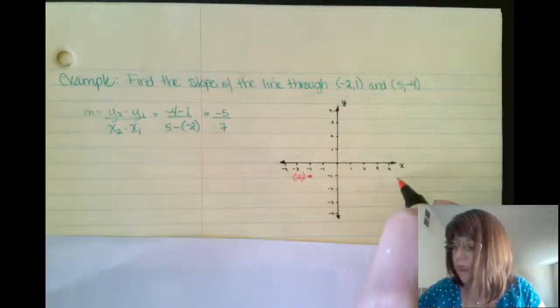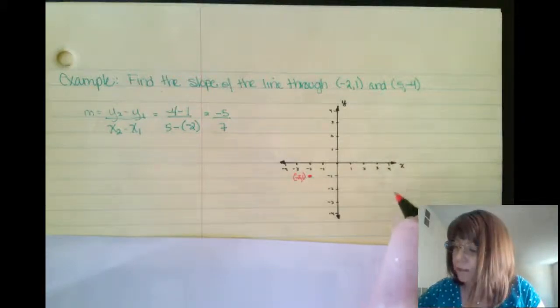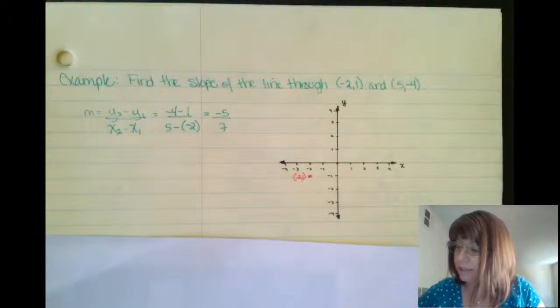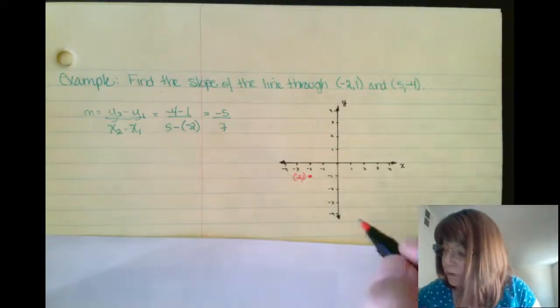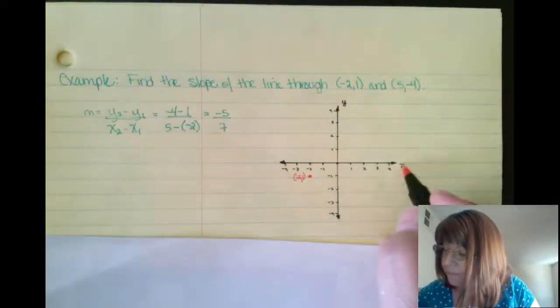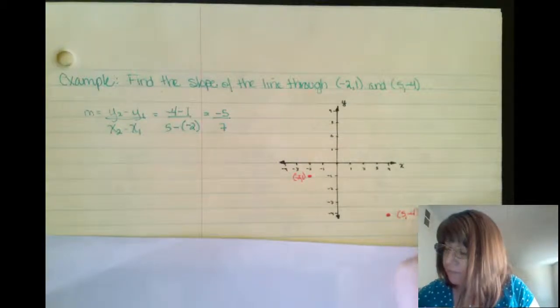And then move down 5. 1, 2, 3, 4, 5. And I'm way down here at 5, negative 4. So 5, negative 4. Right, that turns out 5, negative 4.